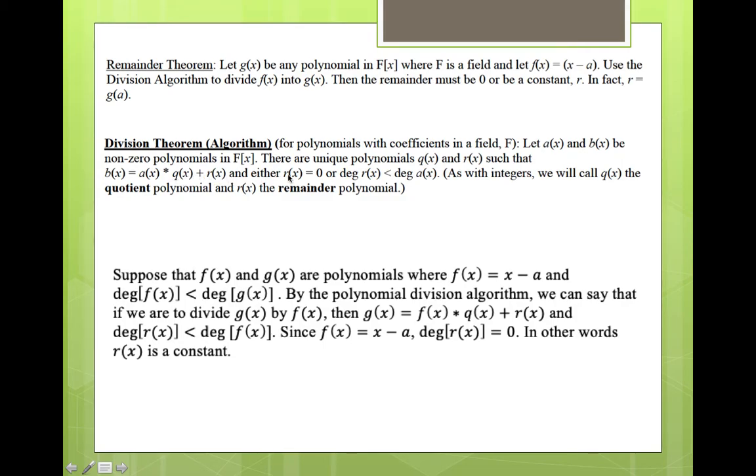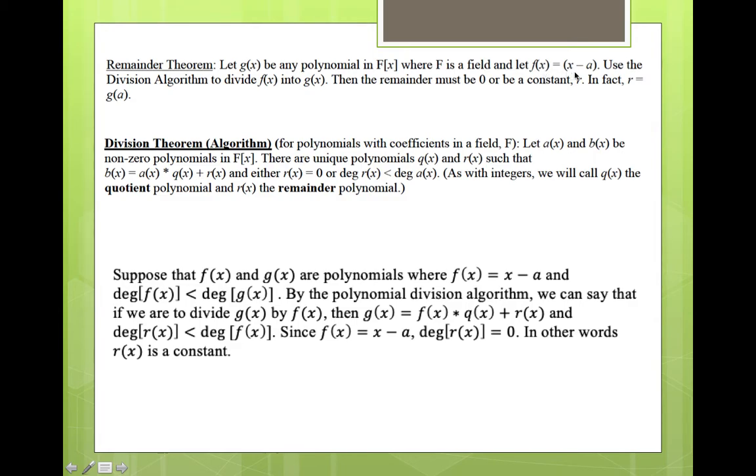And this means that the remainder is either 0 or the degree of the remainder is less than the degree of a, which is what we're dividing by, okay? So this is really the part that tells us that the remainder has to either be 0 or a constant.